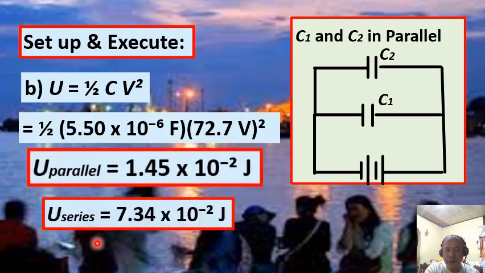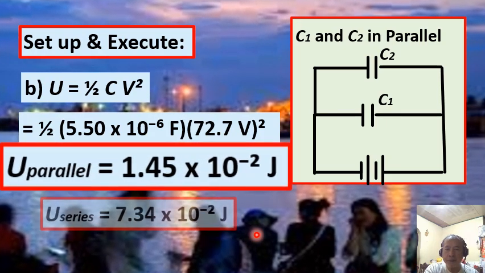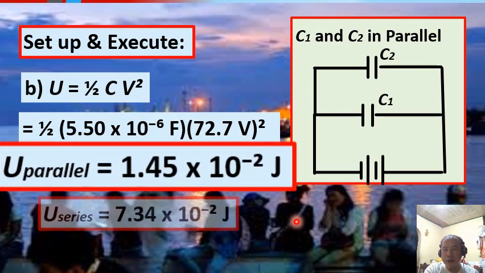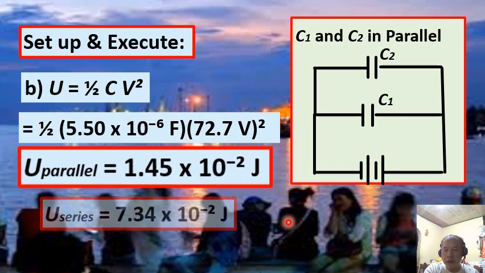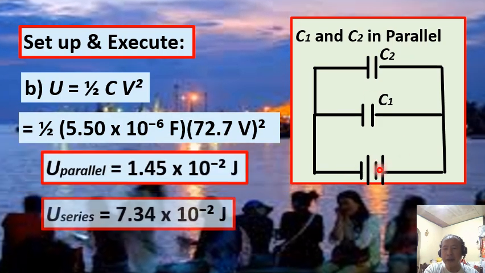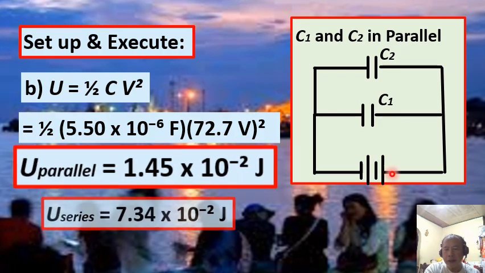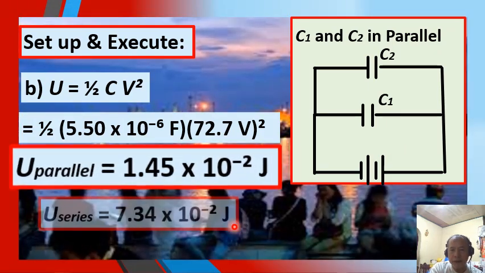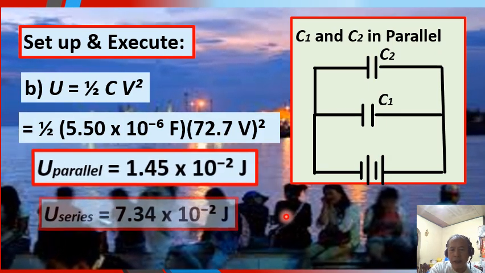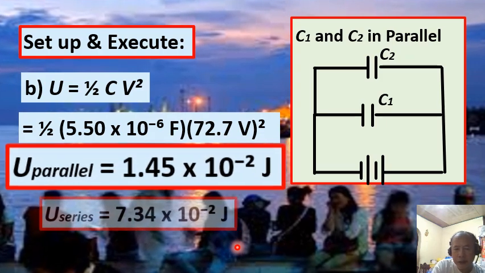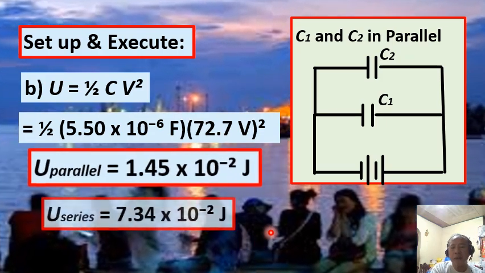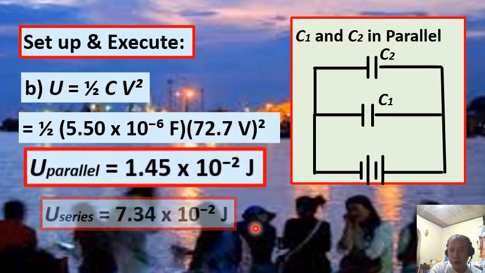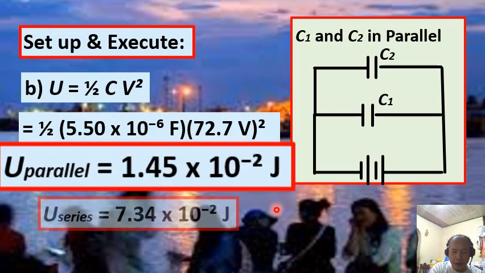We therefore conclude that for two unequal capacitors, meaning with unequal capacitances, connected in parallel, and their total charge is given, it appears that the amount of stored electric potential energy for the series connection is the one that is greater as compared to the parallel connection.